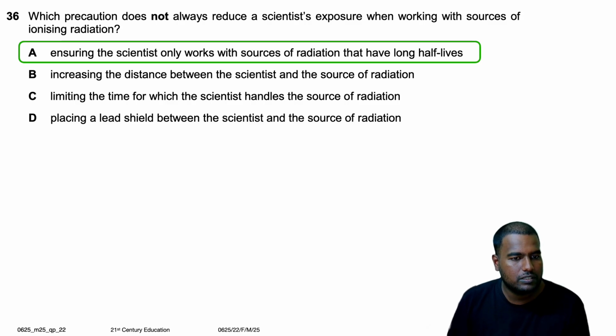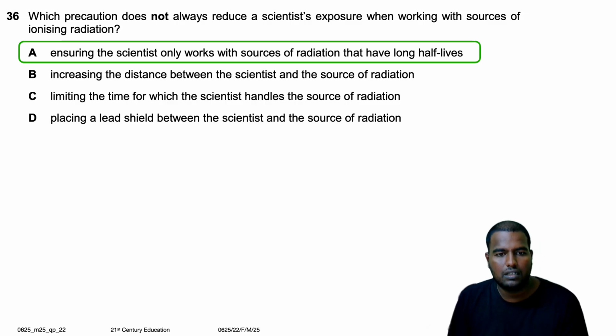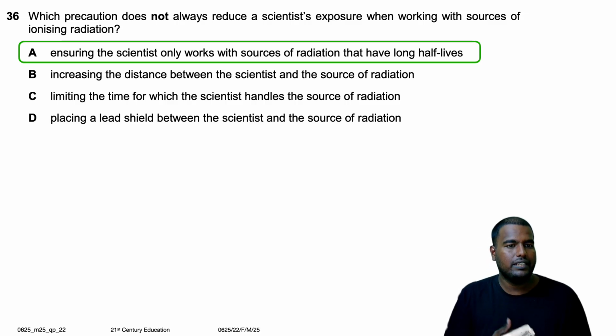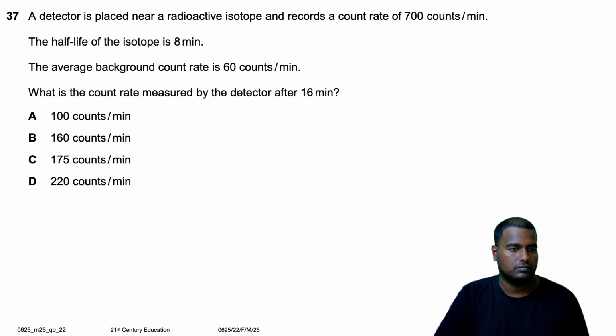Limiting the time for which the scientist handles the source, yes, it also reduces the risk. Placing a lead shield between the scientist and the source, yes, this is also a precaution; the lead will absorb radiation. Working only with sources that have long half-lives is actually more dangerous. A long half-life means it will decay for literally forever, and bad things will happen to the person who is exposed to this radiation.